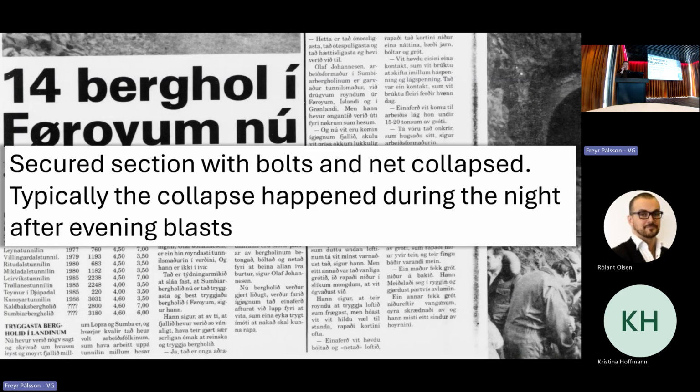This issue of the Sundbyberg tunnel from '87 or something. It is a little bit suspicious when the senior tunnel person says that they typically had collapses every night after they had blasted.